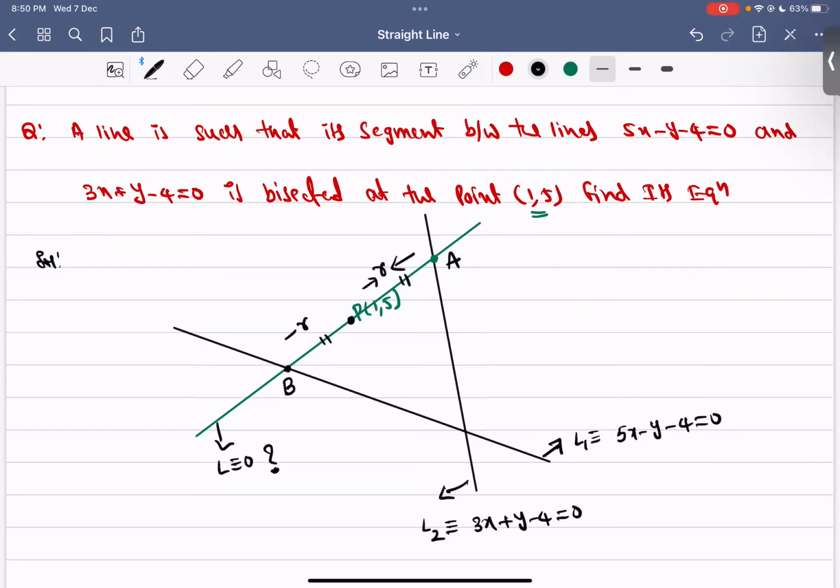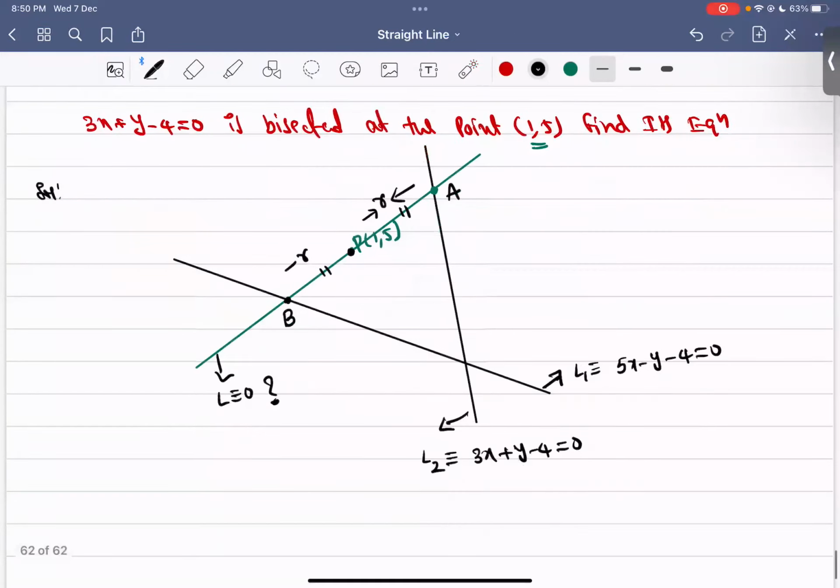Minus r units. So now variable point A we will write. Here the fixed point is 1, 5. Suppose theta is the angle made by the line L equal to 0 with the positive direction of x-axis. Then tell me A coordinates. A is equal to 1 plus r cos theta, 5 plus r sin theta.